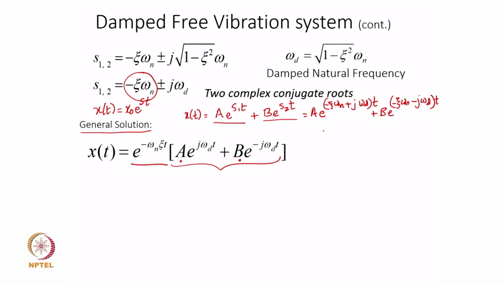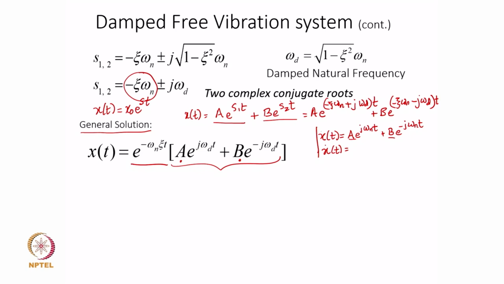Now, you remember we wrote x of t similarly for an undamped vibratory system as a e to the power j omega n t plus b e to the power minus j omega n t, and then we got an expression from here for the velocity, and then we impressed the initial conditions at t equal to 0 for both displacement and velocity, because of which the two unknowns involved, A and B, could be obtained.